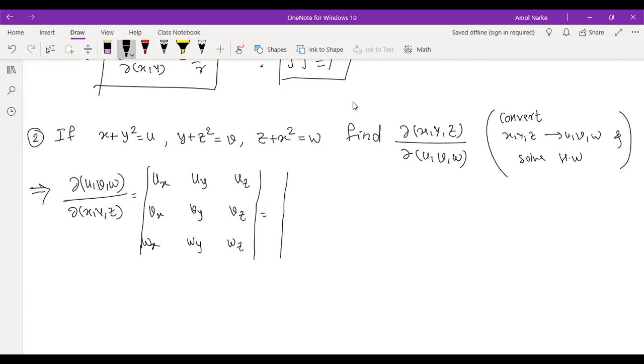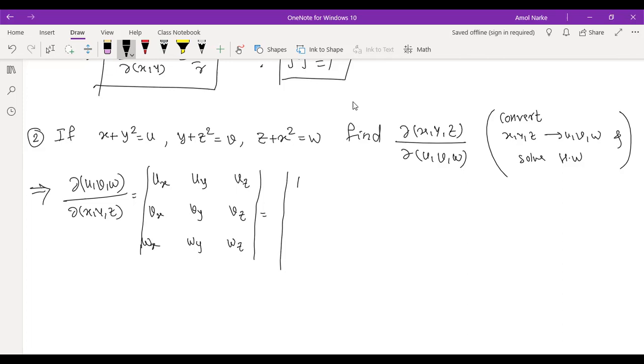Tell me, what is u with respect to x? It is not 2y dy by dx. What is ux? It is only 1. Why is it 1? Y square should be considered a constant.